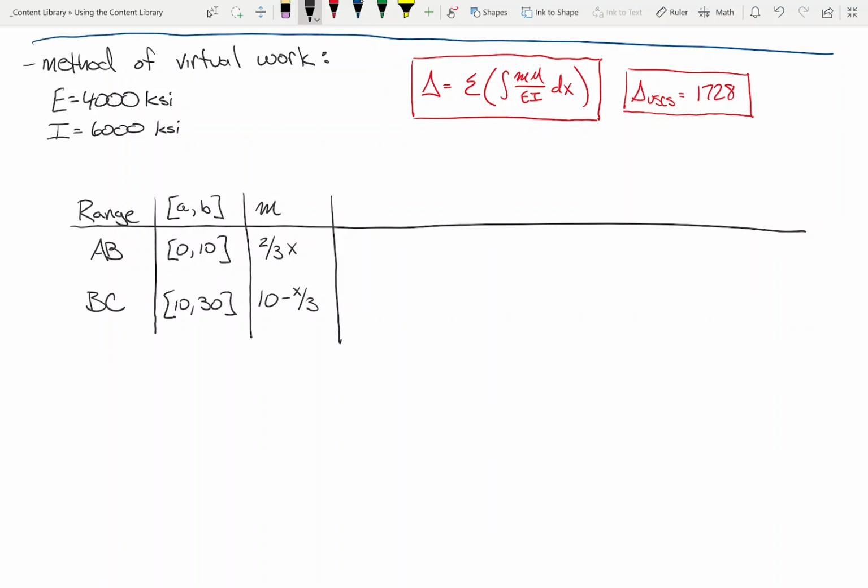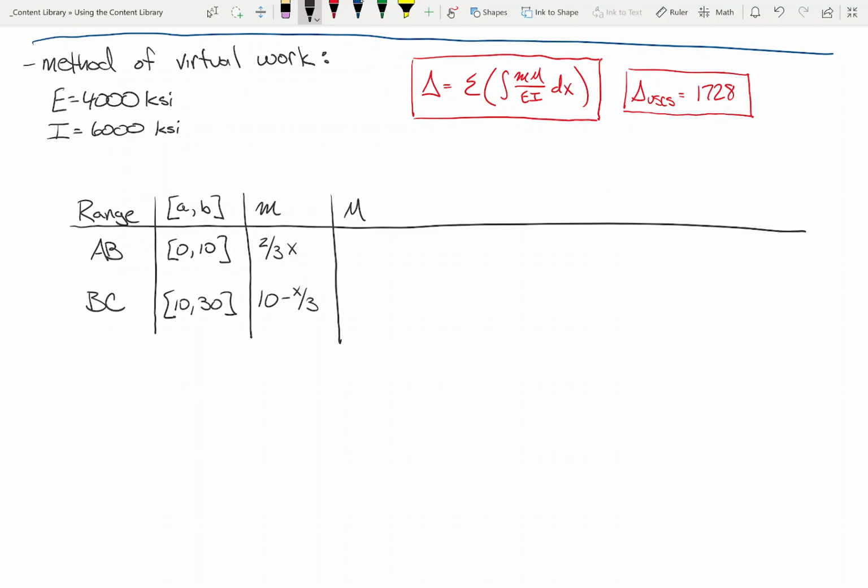Okay? The next thing I'm going to do is I'm going to say, okay, let's list my real moment function. Now, just so we're all paying attention, what goes in these two slots? The same thing. Because this function is valid from 0 to 30. So if it's valid from 0 to 30, it's valid from 0 to 10, and it's valid from 10 to 30.